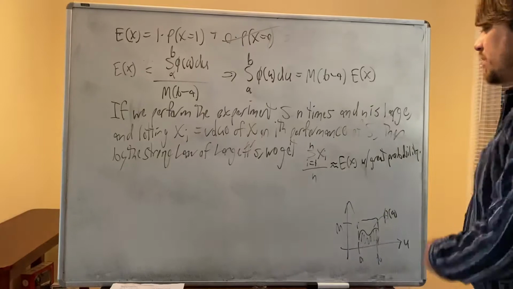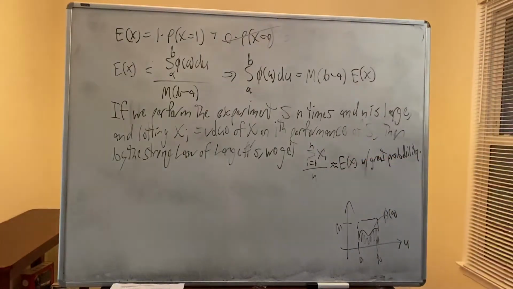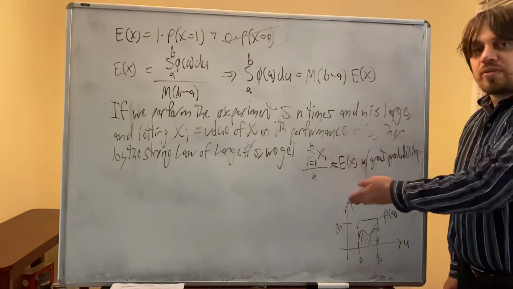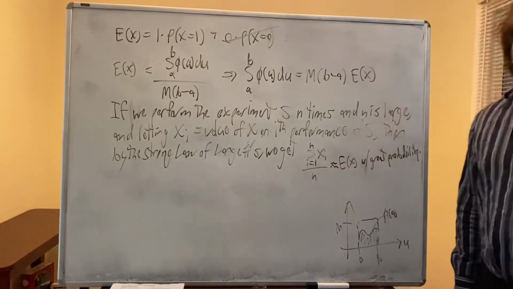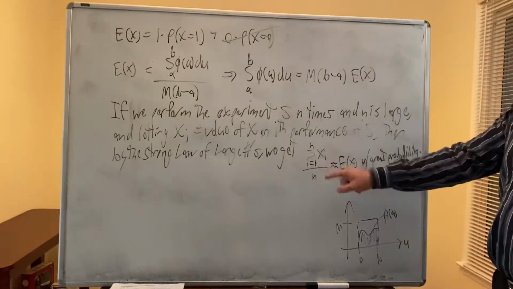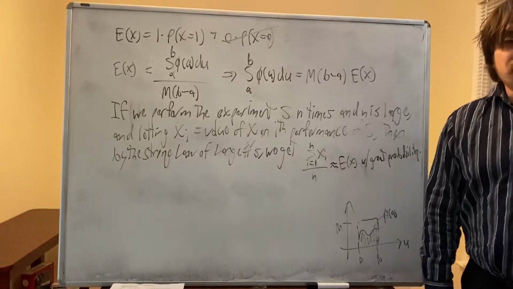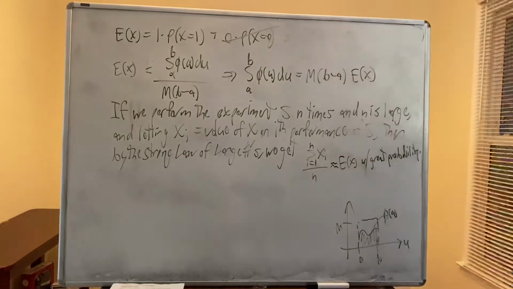We're not saying that the sum of the x values divided by n is definitely the expected value, but that it is approximately the expected value with very high probability. There's very little chance that it will not be close to the expected value.